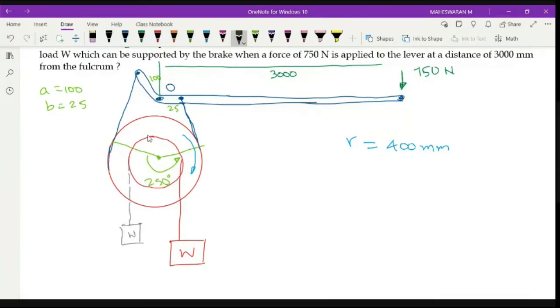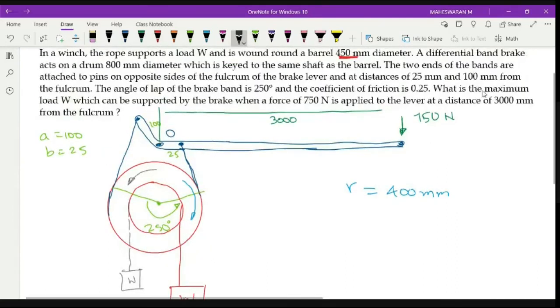Your brake drum will be rotating in the anti-clockwise direction. So my aim is to identify the value of W when it is rotating clockwise and when it is rotating anti-clockwise, and take the maximum value of W which can be supported.